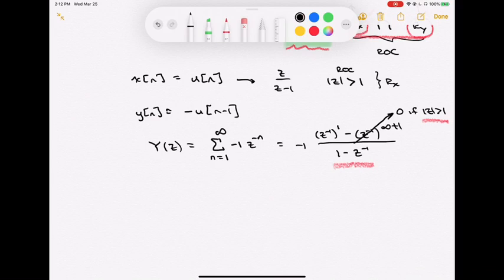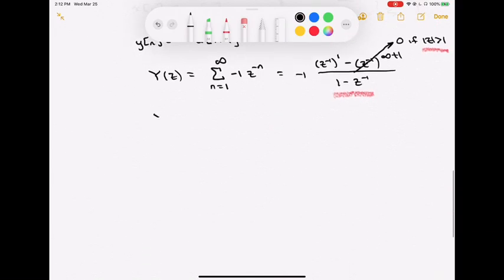We're almost done here, so I'm going to keep going a little bit. We have Y(z) then being equal to minus z to the -1, minus 0, nothing we have to worry about there, and then a 1 minus z to the -1 in the denominator. I want to get this in a more familiar format, so I'm going to multiply top and bottom by z.